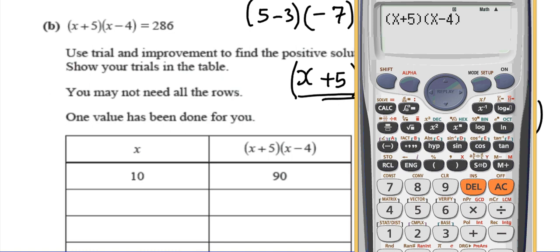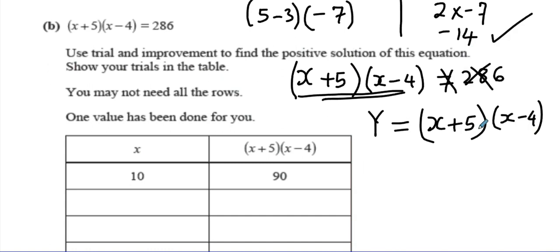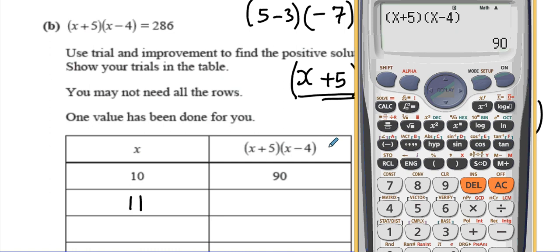Okay, now calculate. Try x equal to 10. We got 90, and this is our trial. Since we got 90 and we were expecting to get 286, we have to go higher than 10. So try the number higher than 10, that is 11.